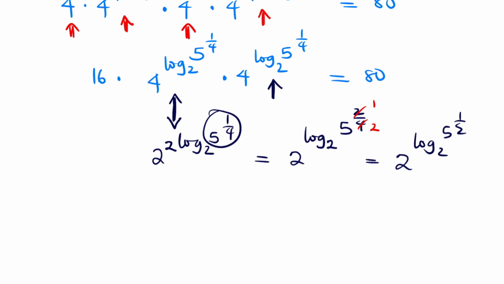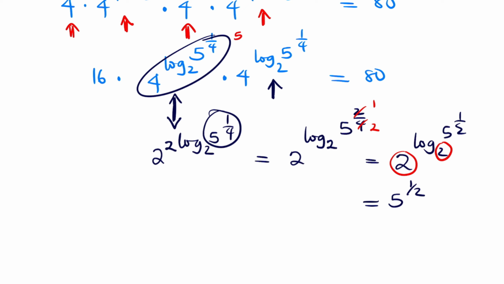And the fact that the base here is exactly the same with the base here, by law of logarithm, the final answer to this problem is 5 raised to power 1 over 2. Meaning all of this here is 5 raised to power 1 over 2. The same thing applies to here, 5 raised to power 1 over 2.